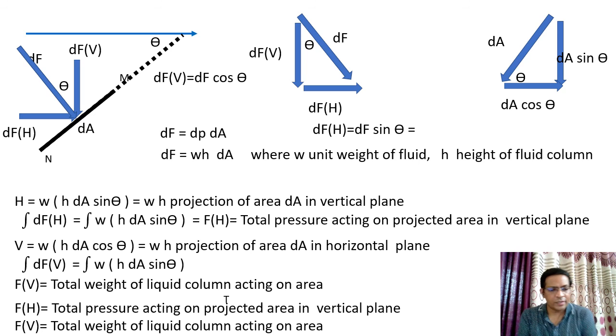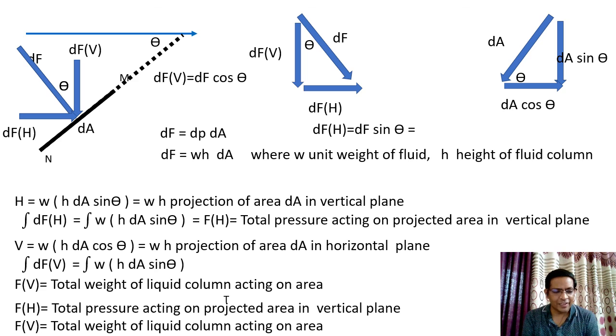So the integration of dFv, the vertical component, represents the total force component in the vertical direction, equal to the total weight of the fluid column acting on that area.